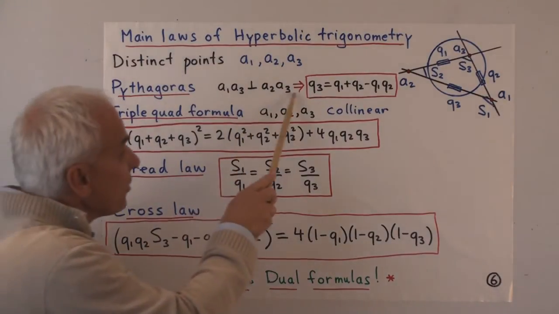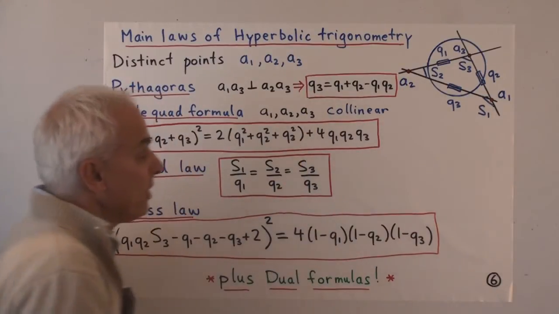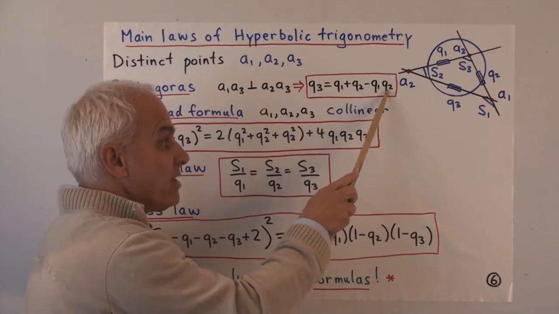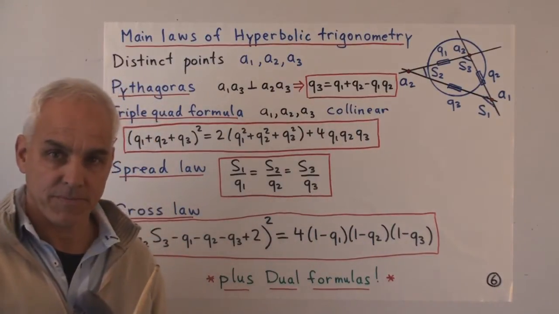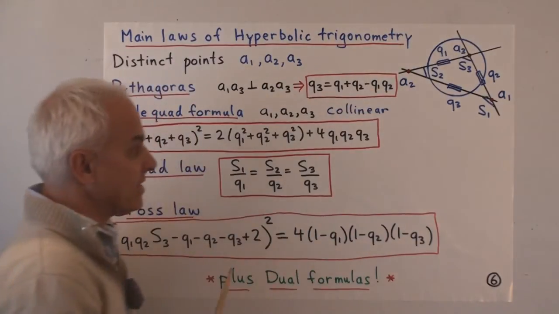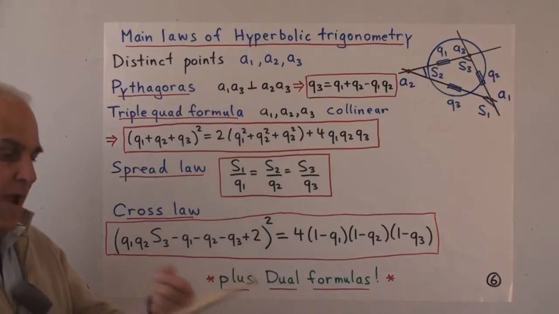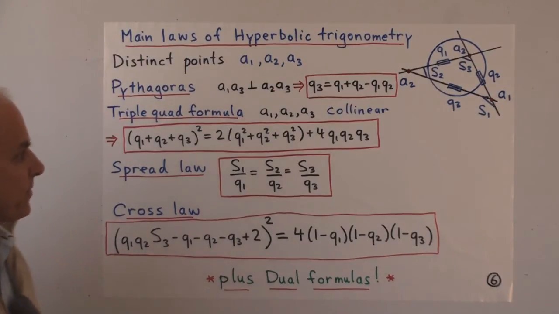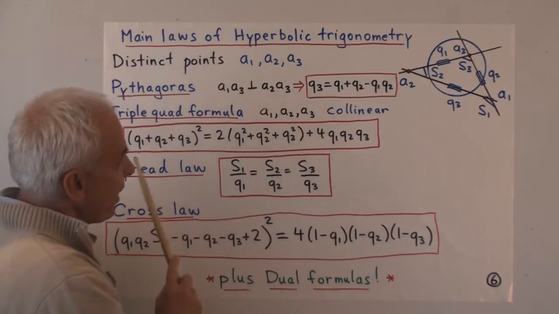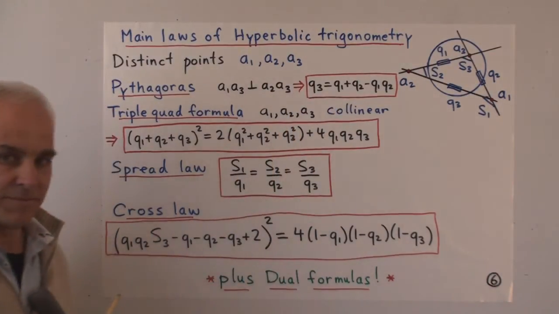In that case, the theorem says Q3, this quadrance here, equals Q1 plus Q2 minus Q1 times Q2. It's almost the same as the Euclidean Pythagoras, except there's an additional minus Q1 Q2, a quadratic kind of deformation. Note also that the implication is not both ways. This implies this. I'm not saying this implies this.